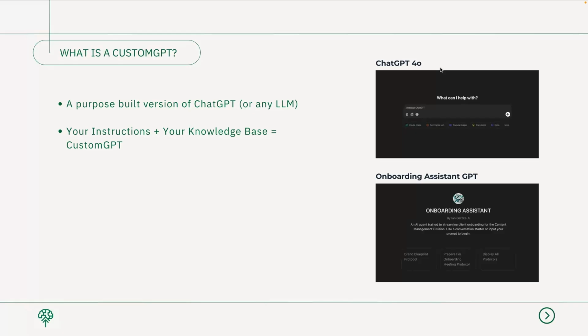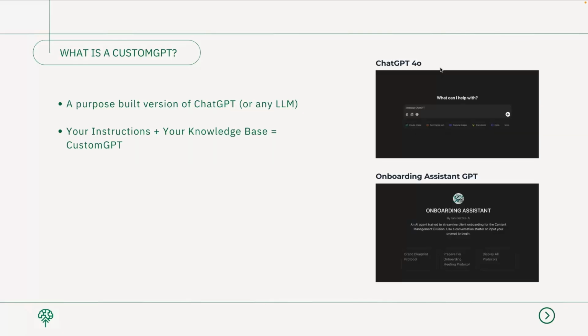Now it's capable of searching the web, but it won't always do it, so you might have to tell it explicitly in your prompt. With custom GPTs, when you build one, you could probably attest to this, you can give it specific knowledge that it wouldn't have about your business.